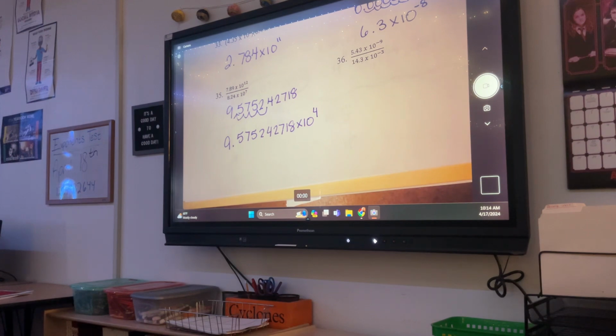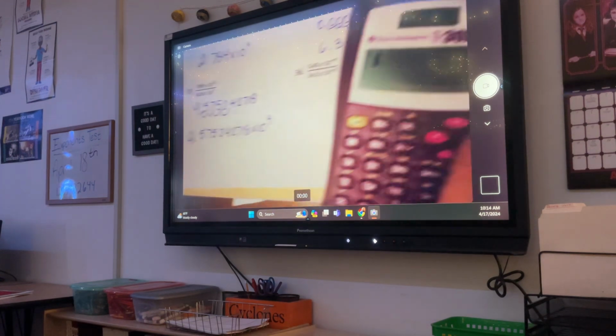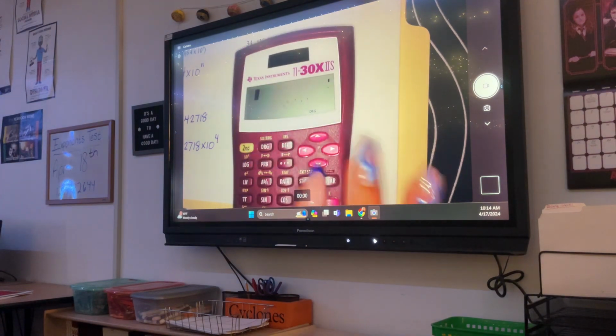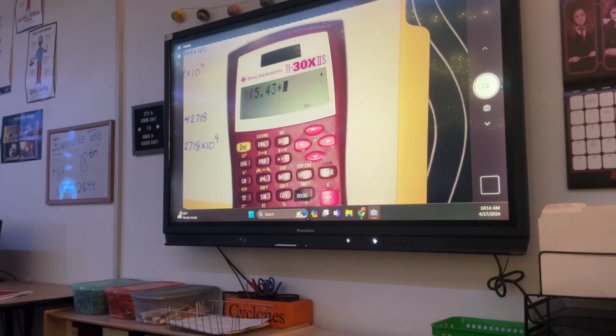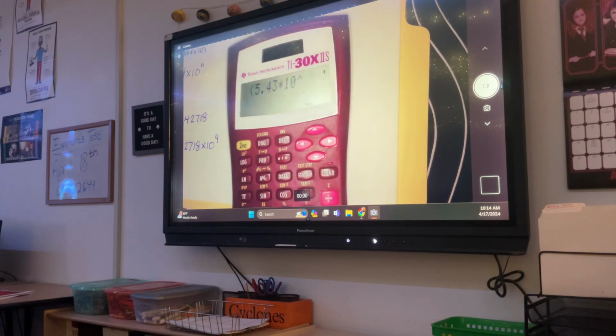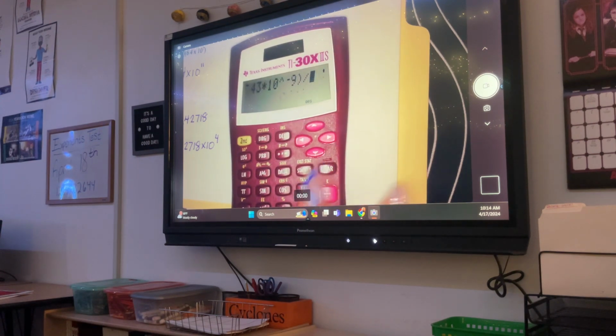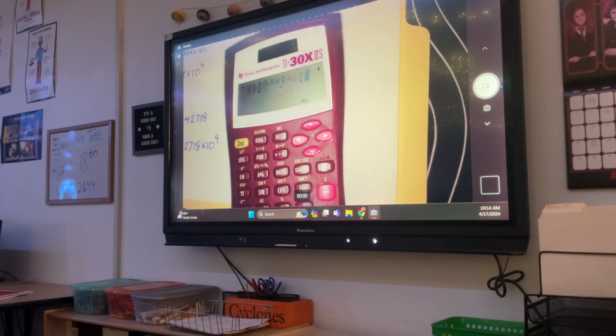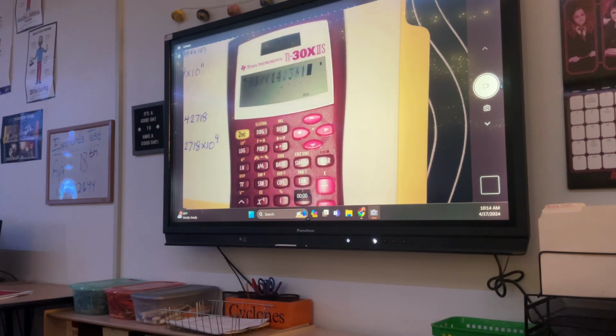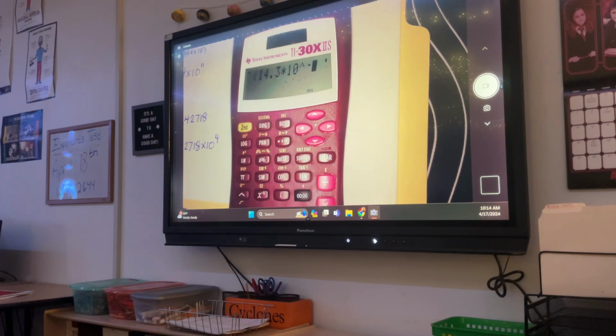Alright, and then the last one. Still plugging it into the calculator. 5.43 times 10 to the negative 9th divided by 14.3 times 10 to the negative 3rd.